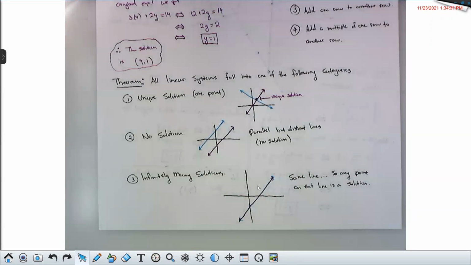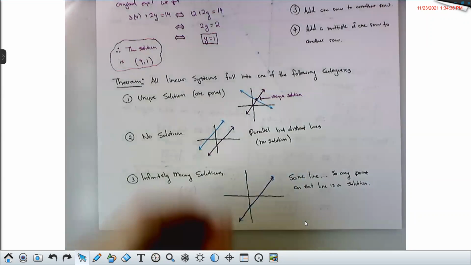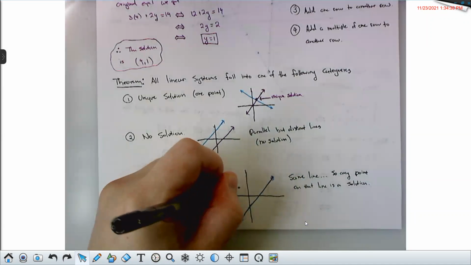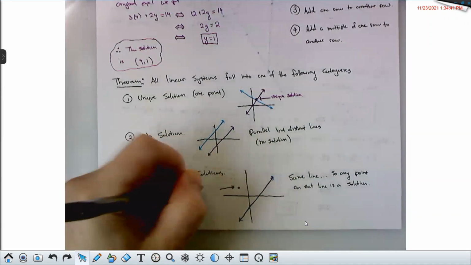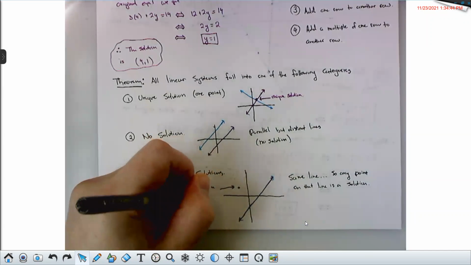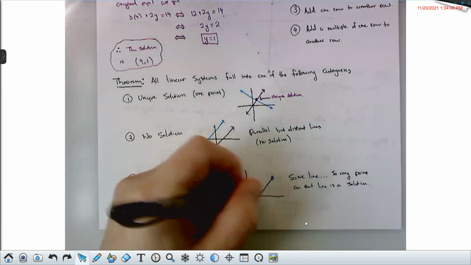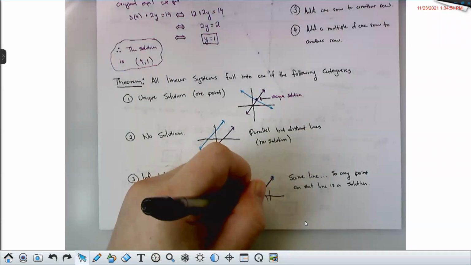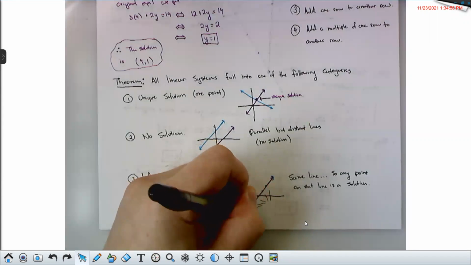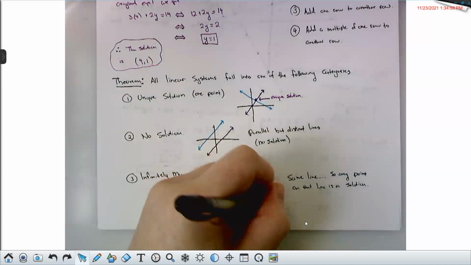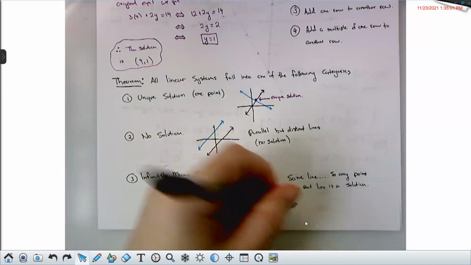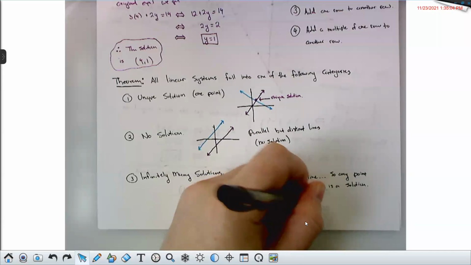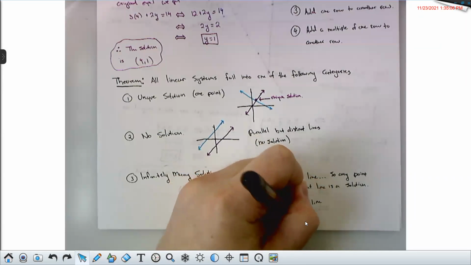And I want to draw your attention to a fact here. This does not mean that every point in the plane is a solution. For example, this point over here would not be a solution. But every point on the line are solutions.